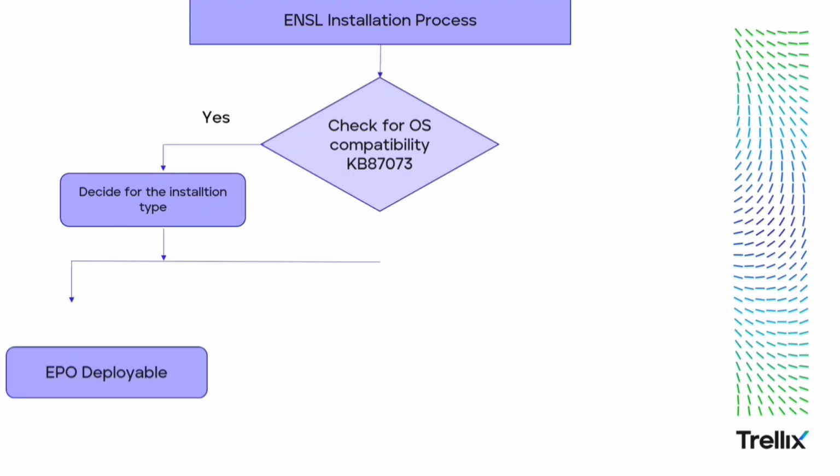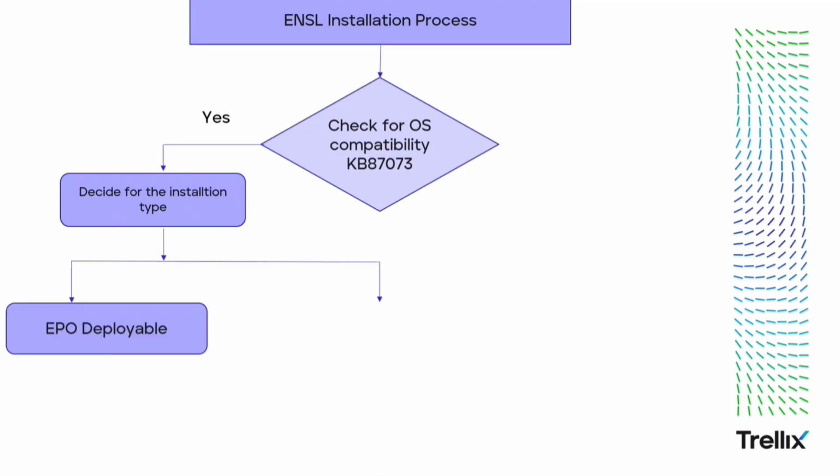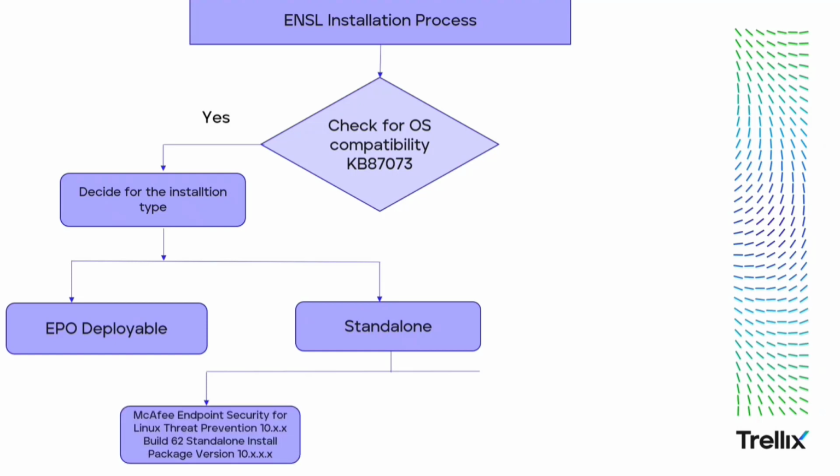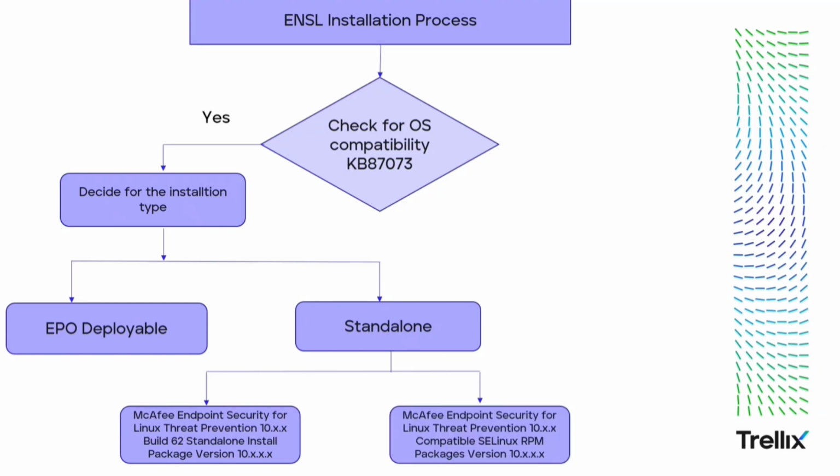It could be either deployed through EPO or a standalone installation. If we are going with the standalone installation, based on the system configuration, we can select the packages. If the system is not configured with SELinux, we can go with the normal installation package. In case the RHEL system is configured with SELinux, we can go with the SELinux compatible RPM package.